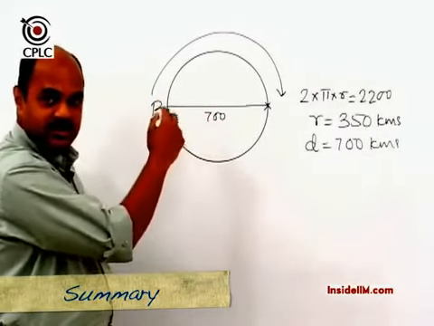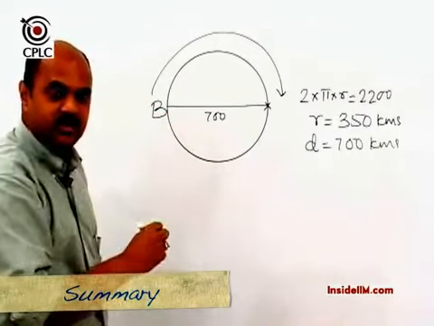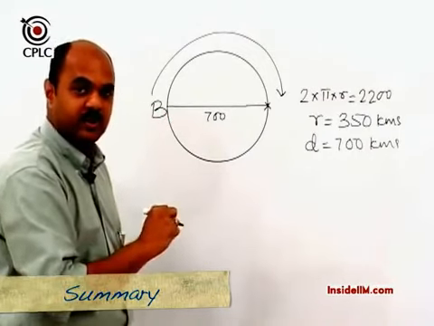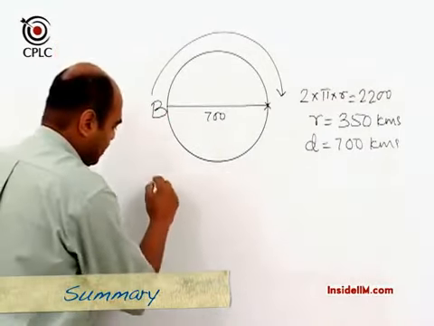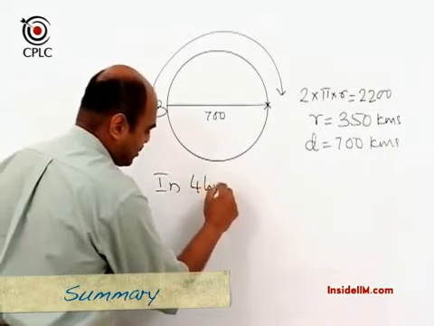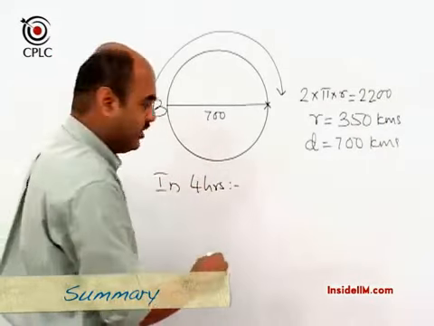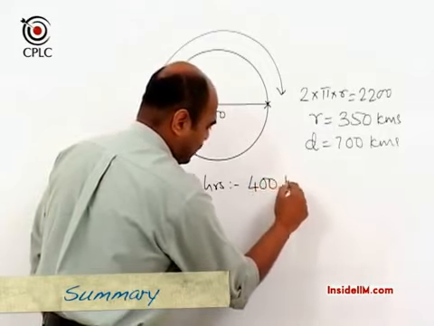The police start chasing the thieves only after 4 hours, and the thieves are fleeing at a speed of 100 kilometers per hour. So in 4 hours, the distance that is covered by the thieves is 400 kilometers.